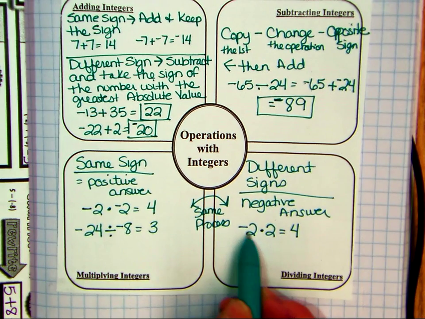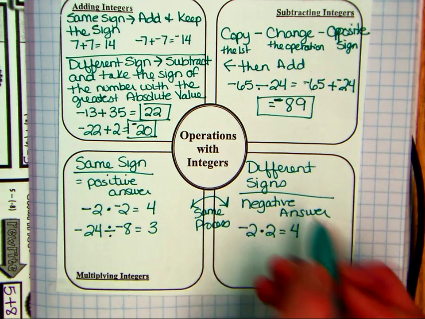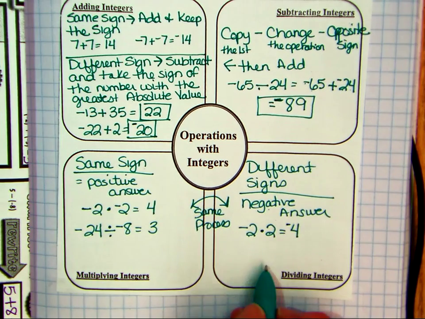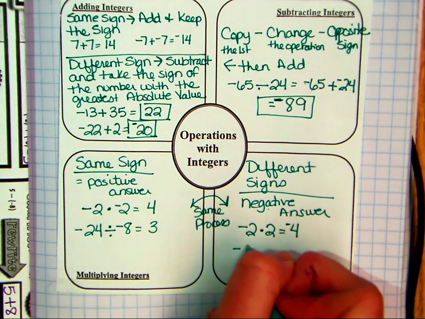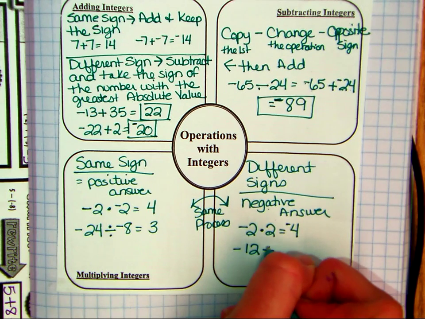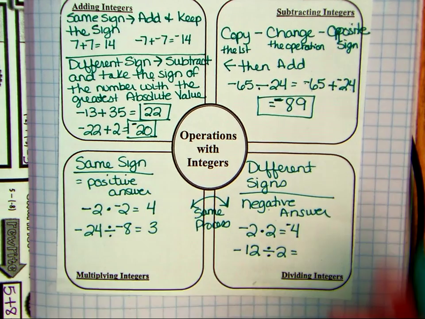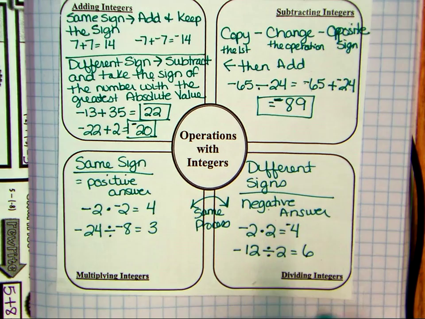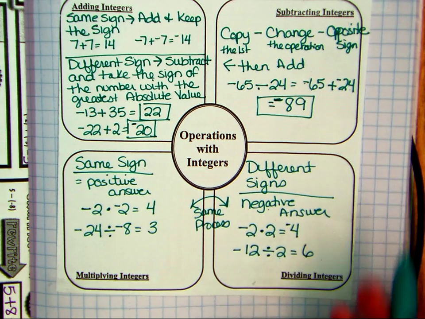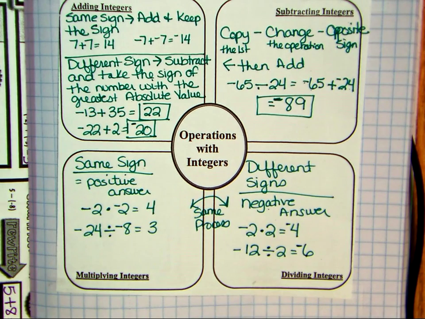And you have a positive and a negative, so my answer is going to be negative. Let's try another one. Let's do -12 divided by 2. 12 divided by 2, 6. I have a negative and a positive, so my answer is a negative. And those are the integer rules.